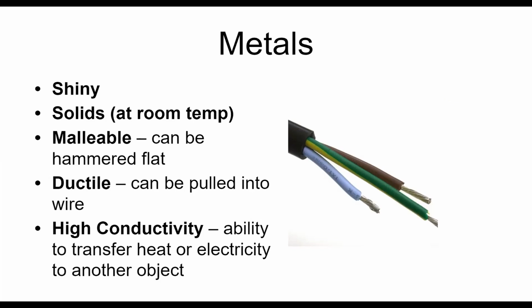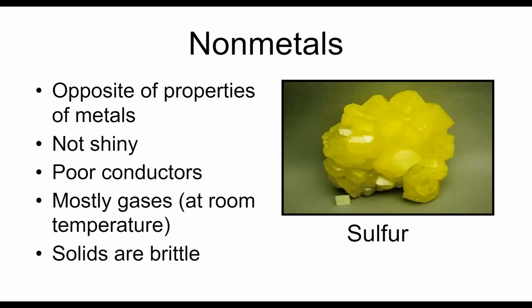On the opposite end of the spectrum from that are the nonmetals. These guys have pretty much all of the opposite qualities of metals. They are not shiny. So if you do see one in solid form, it's going to look rocky or mineral-y. It's not going to look shiny like a metal.